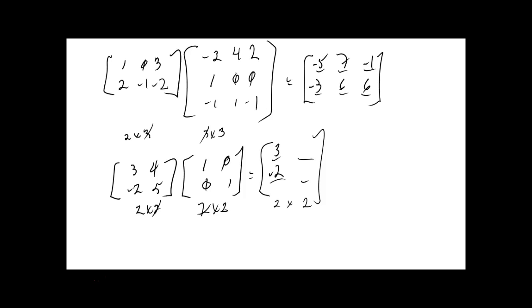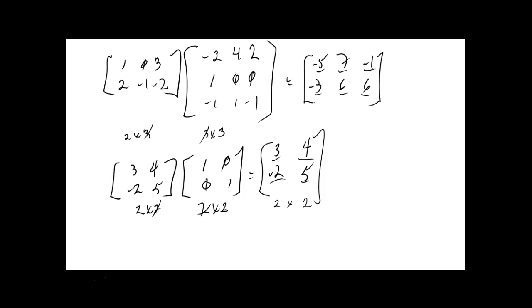What does that give you? 4. And then row 2, column 2. That'd be 5.